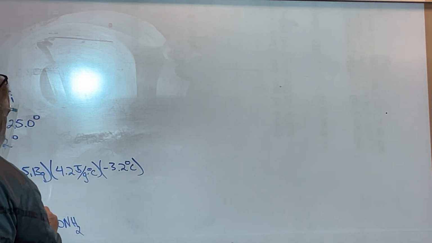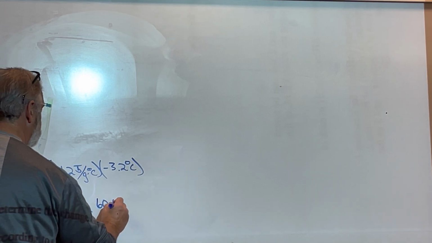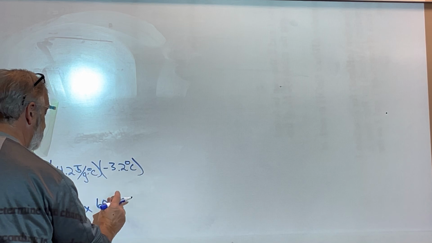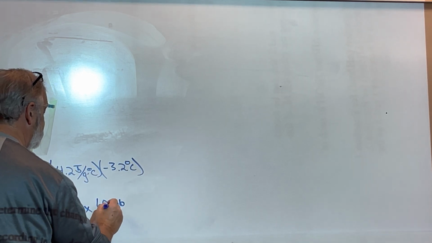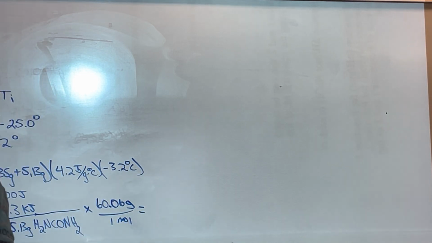So, how do I get to per mole? Just use the molar mass. So it's going to be times the molar mass, and what did you guys get for the molar mass of it? 60.06? So this number turns out to equal 15.